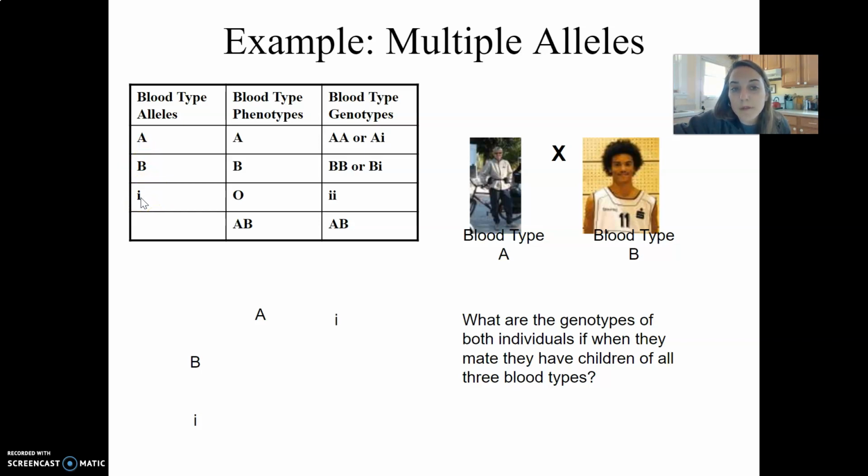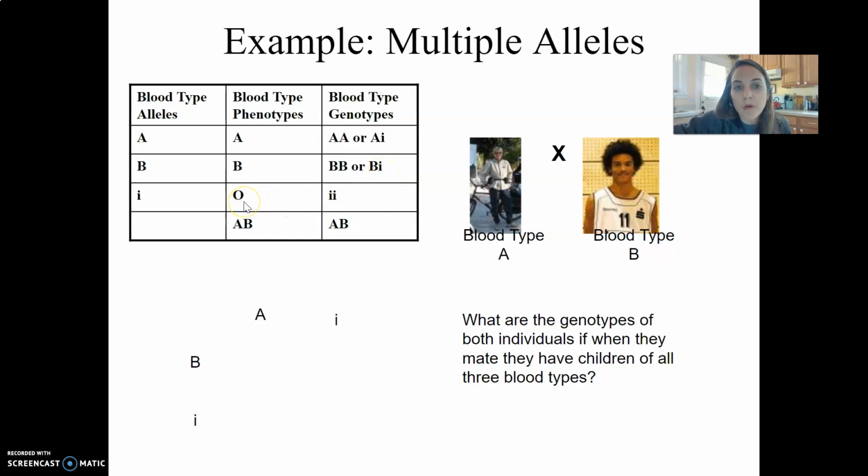type blood. Okay? When you have type A blood, your genotype can either be homozygous dominant, capital A, or heterozygous, capital A, lowercase i. If you're type B blood, you could have a homozygous dominant type, capital B, or you could have a heterozygous genotype.